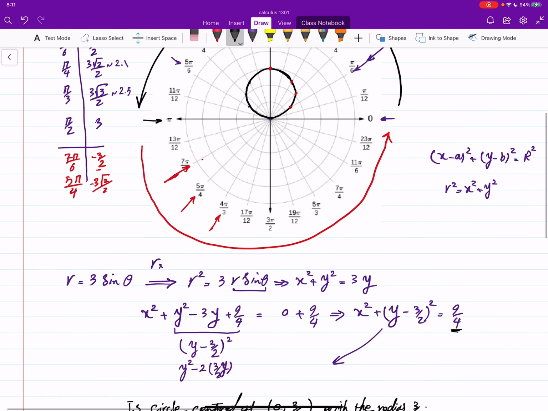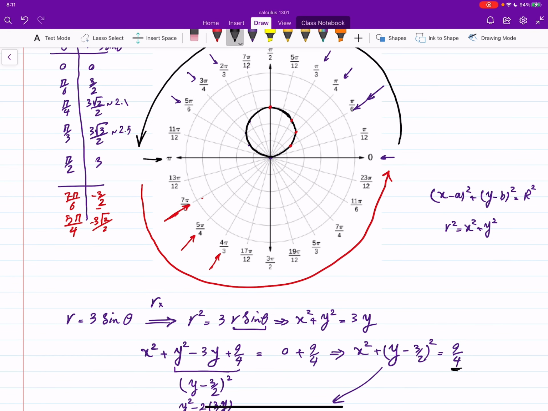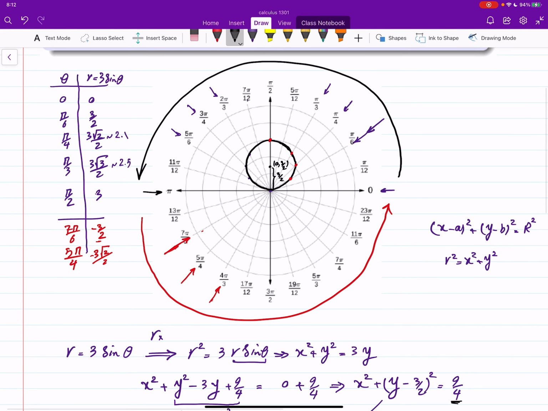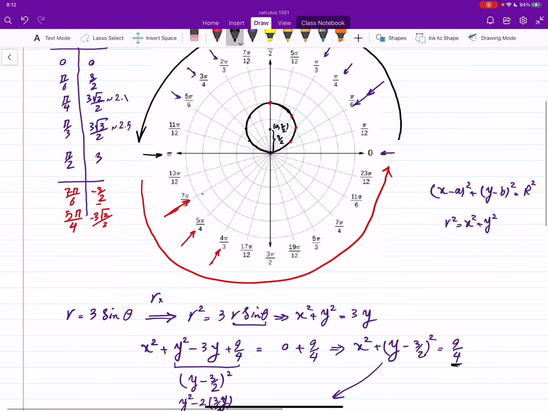So if I go back there again, you notice that my center is 0, 3 over 2, and the radius is 3 over 2. So you can either do that or just go point by point and you'll notice what's going on there.